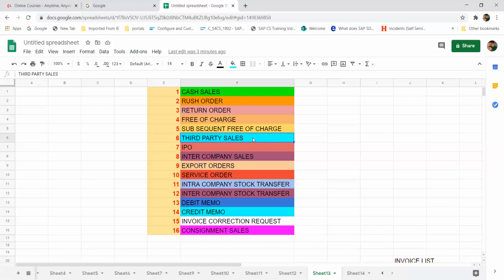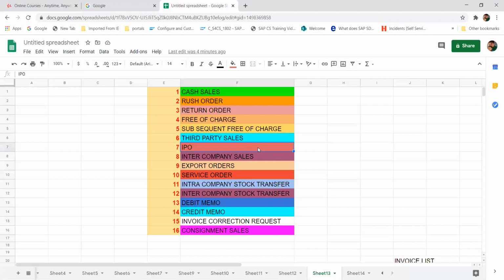Third party sales, the term itself says: apart from your purchaser, that means your buyer, and your seller as a company, there is another party involved, commission based at times, who is going to deliver the product directly to your customer. So that is third party sales.